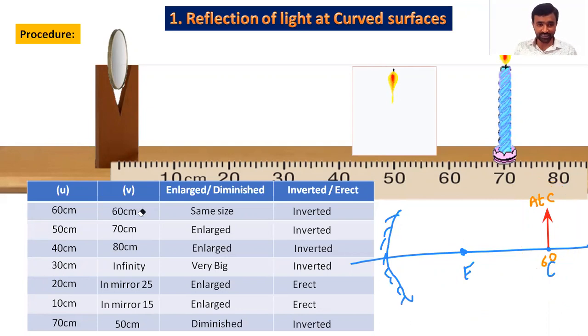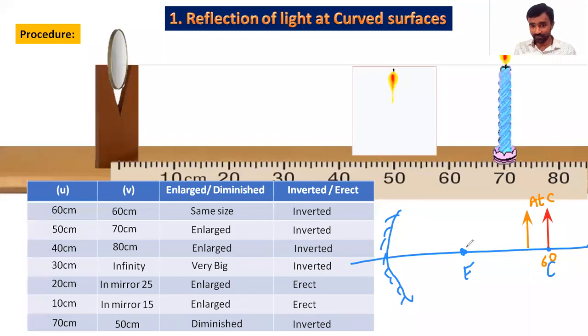So 60 centimeters is at the center of curvature. What about 50 centimeters? Where is it located? The object is shifted to 50 centimeters, so a 10 centimeters gap. Where is it located?